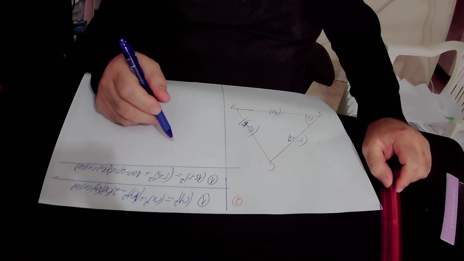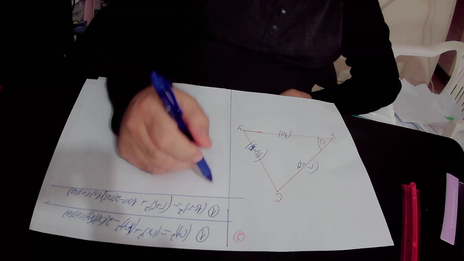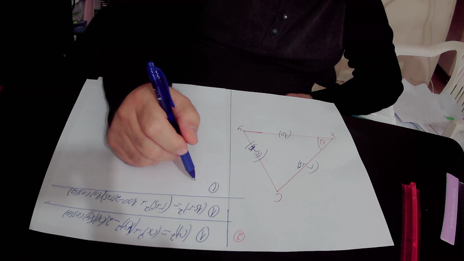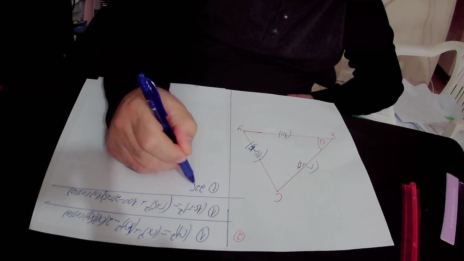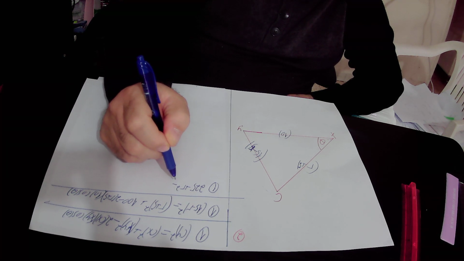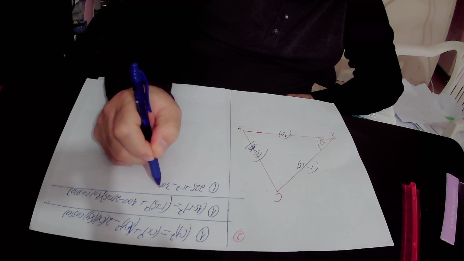We will open the brackets on both sides of equation number 1, and we'll get that 15 minus r squared equals 15 squared, that is 225, plus r squared, minus 2 times 15 times r, which is minus 30r.